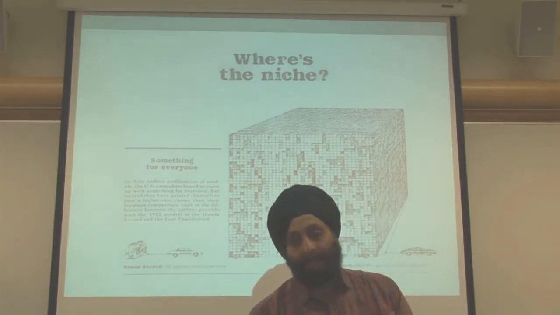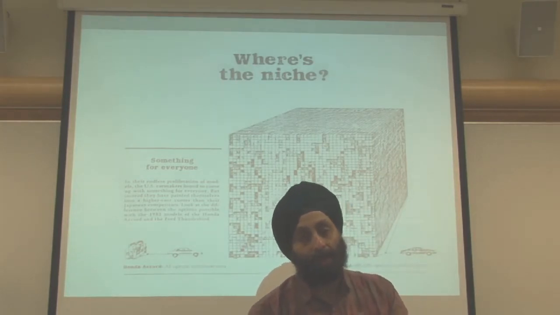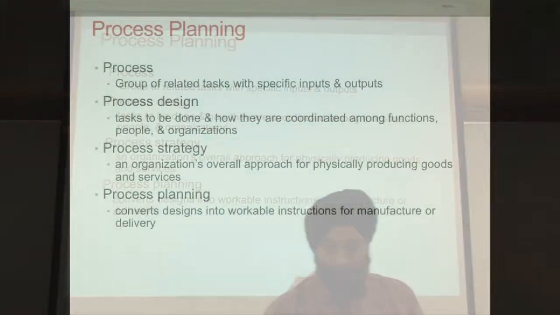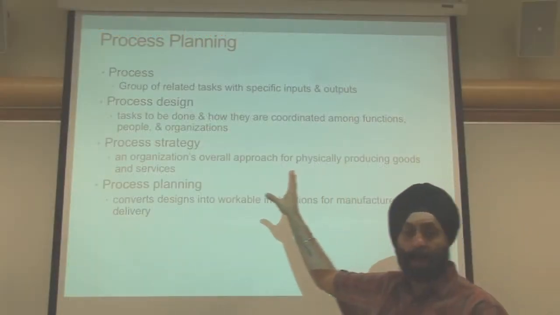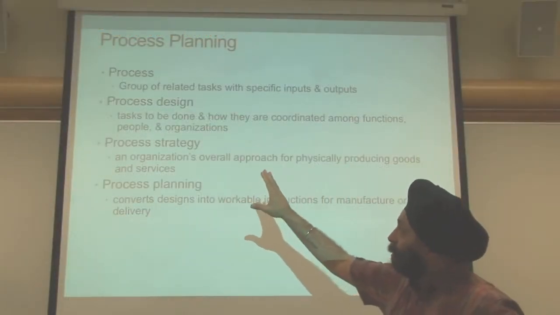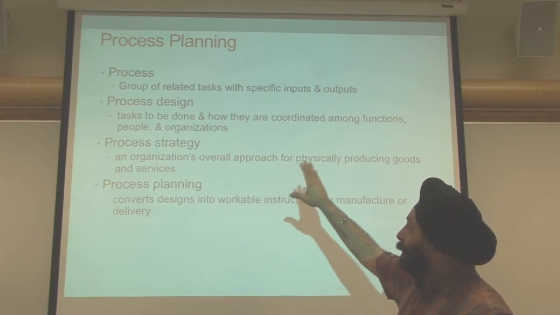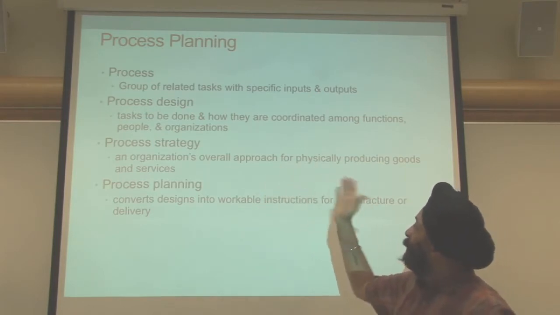So that sets the stage for the importance of process planning, which in this case, just to start off with, process is a group of related tasks with specific inputs and outputs. Process design is the task to be done and how they are coordinated among functions.